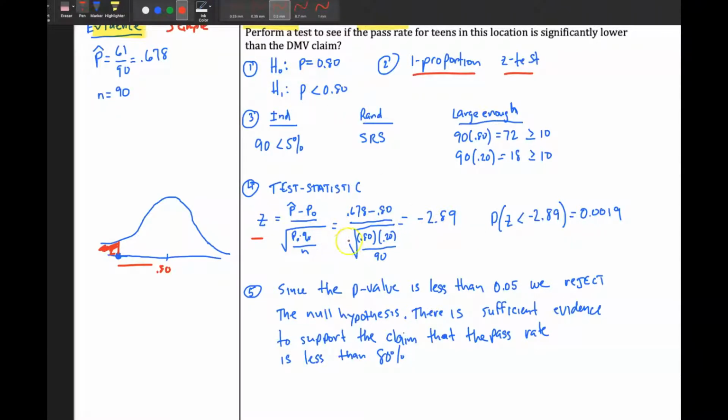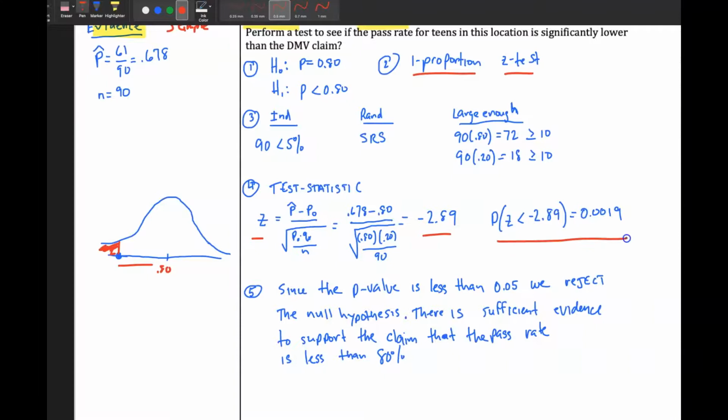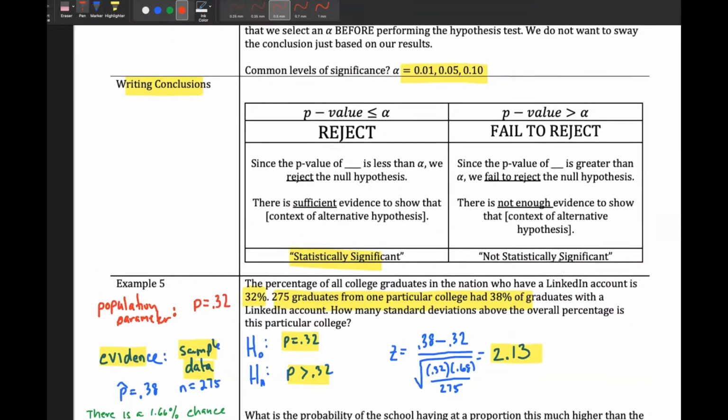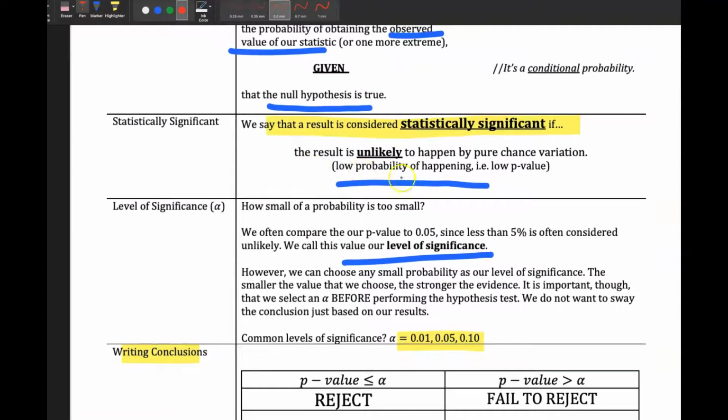You go through the calculation of the Z statistic and get negative 2.89, and so we're calculating the probability that Z is less than that value, and you get 0.0019, a very low probability, which comes back to the idea that the result is unlikely to occur, meaning that we get a low p-value.